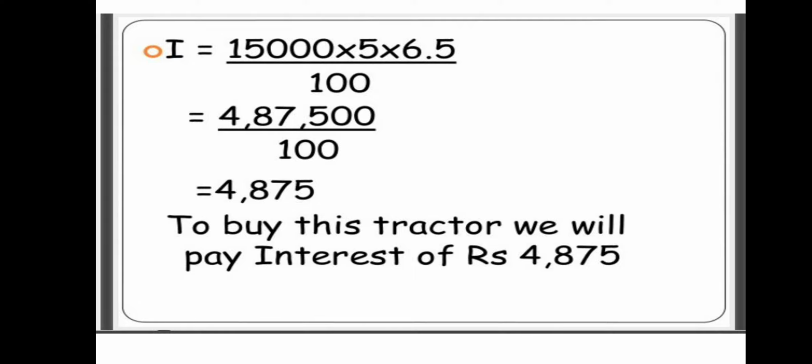So this is how we write it when we want to find the interest amount: multiply the principal amount, the loan amount, with the time and with the rate, and divide by 100. After calculating, we get our interest, that is 4,875. We will give him this extra when we return our loan after 5 years. I hope this is clear.